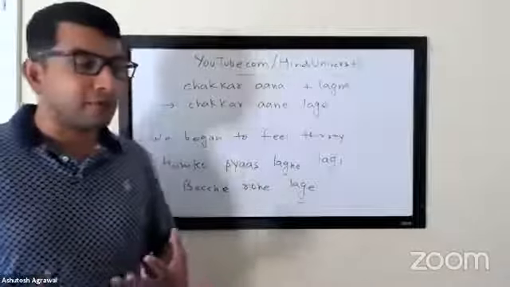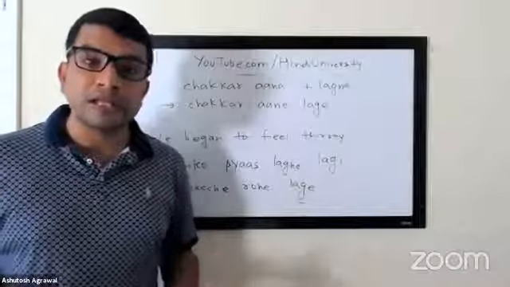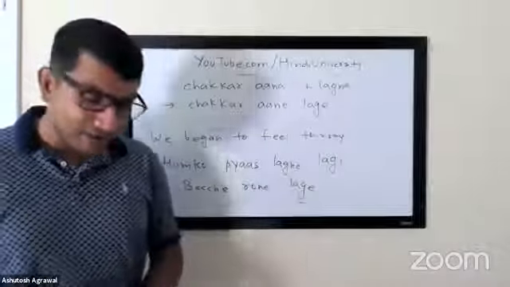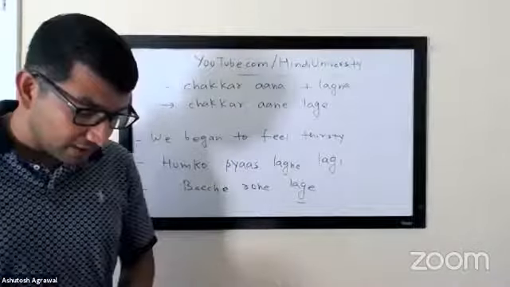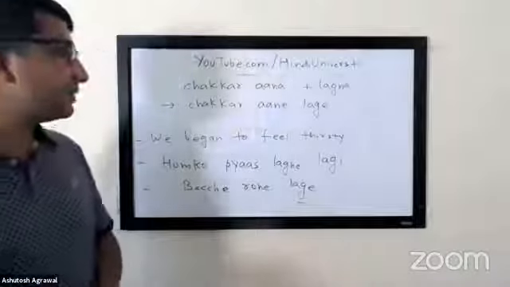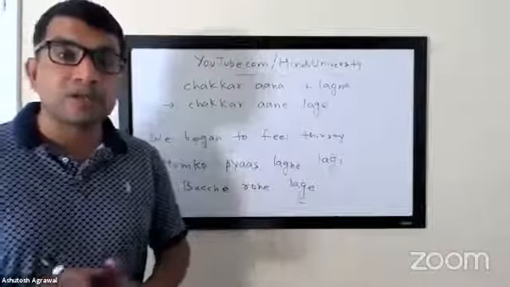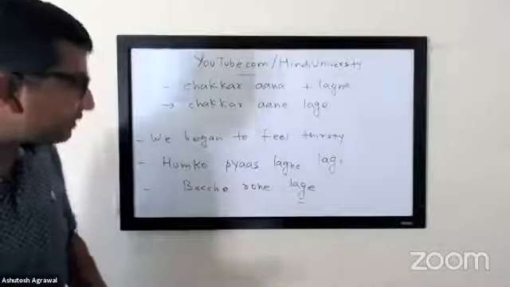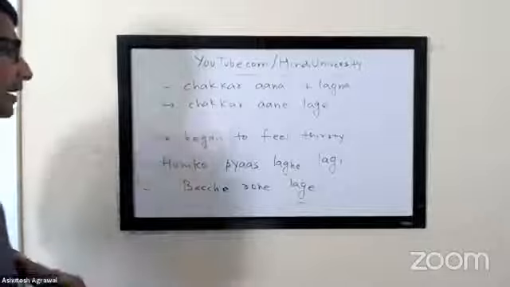Like when you went out, it began to rain. बारिश होने लगी. You didn't plan it. It just happened. So these are all unplanned or natural events that just happened. But something that you are planning to do, there is a subtle difference there. So just make note, these are all unplanned events.